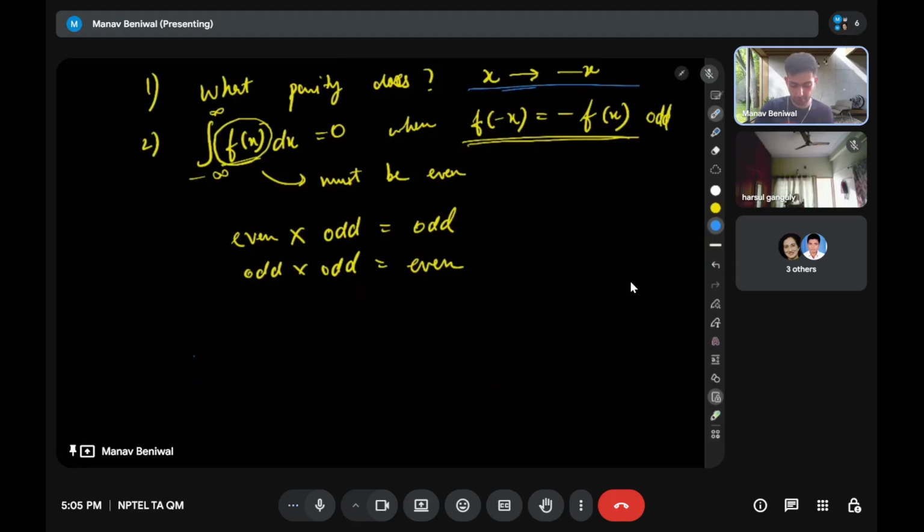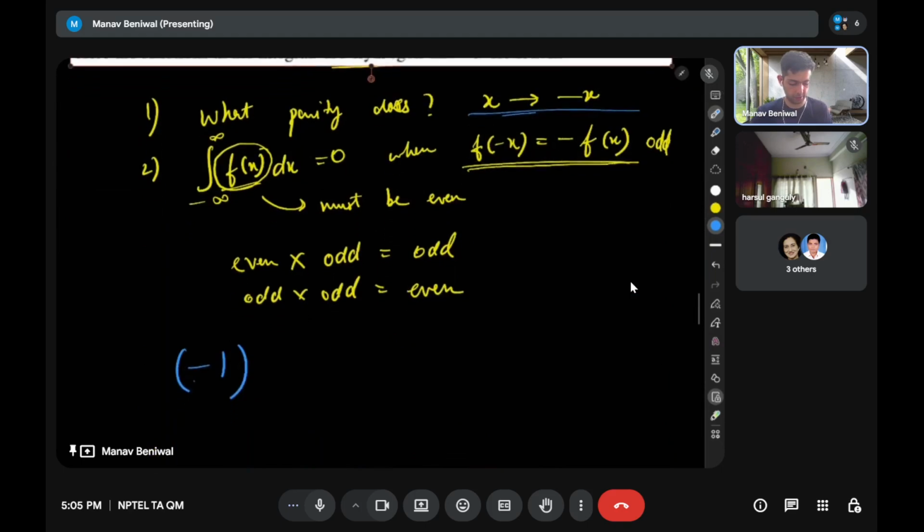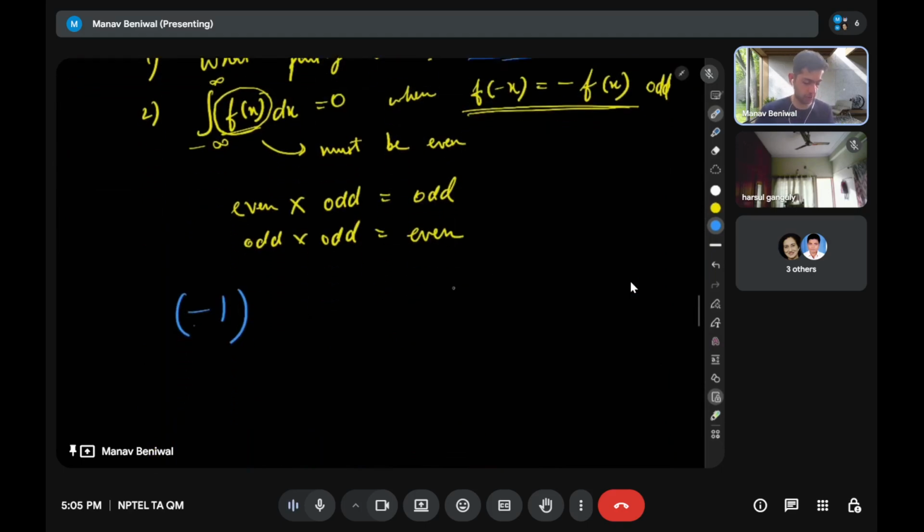Then what we do for orbitals is very simple to calculate parity. Let's first write down the values of L: 0, 1, 2, and so on, and these correspond to s, p, d, and so on.